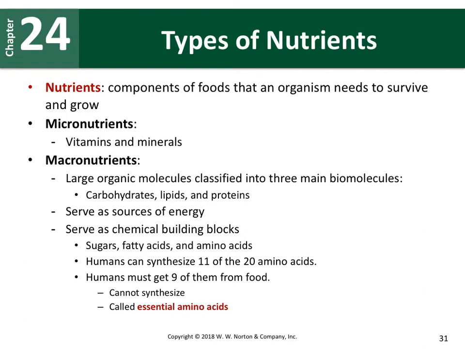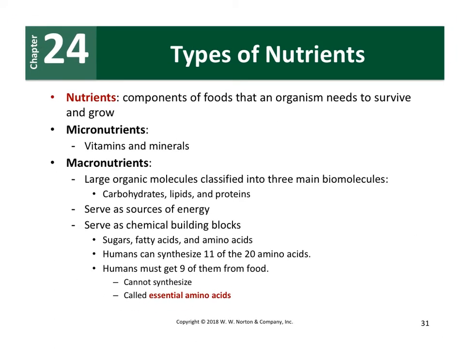Okay, and then finally, we're going to get to the digestive system. So, we've talked about this already. Types of nutrients. There are micronutrients like vitamins and minerals, for example, potassium, sodium, calcium, vitamin C, vitamin D. These are kind of cofactors and coenzymes.